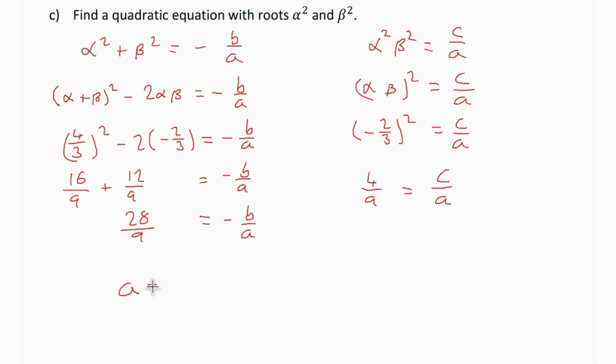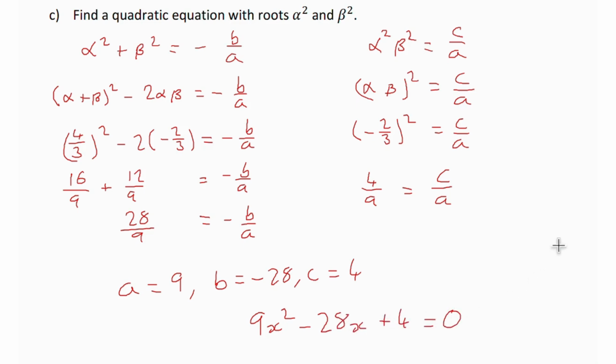This will work if a is equal to 9, it's the denominator on both of them. B then needs to be minus 28, and c needs to be equal to 4. So the quadratic equation would be 9x squared minus 28x plus 4 is equal to 0.